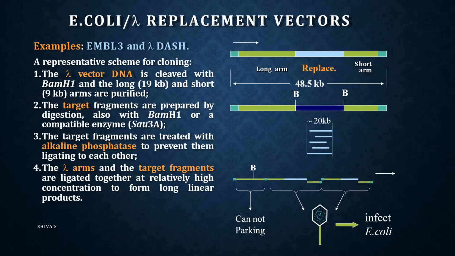The target fragments are treated with alkaline phosphatase to prevent ligation to each other. The lambda arms and the target fragment are ligated together at relatively high concentration to form a linear product, and thus it can be packaged.